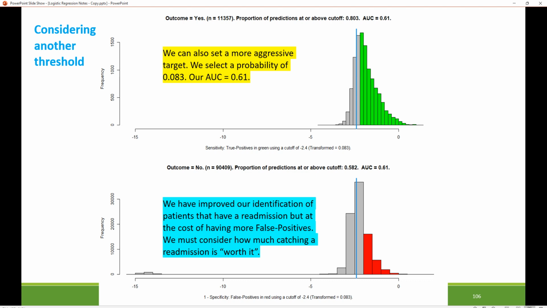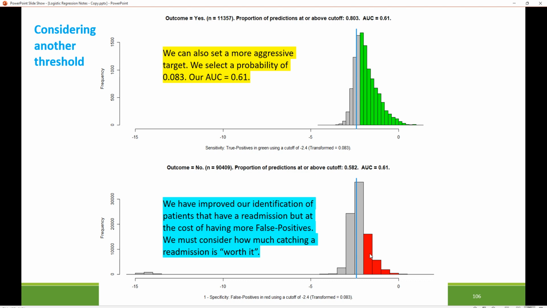So we might ask, well, what would be the cost of getting that improved number of 30-day readmissions? We would see that the proportion in the lower half, the bottom graph, of predictions at or above our cutoff is now 0.582. So we are getting more true positives, but we're also getting more false positives.